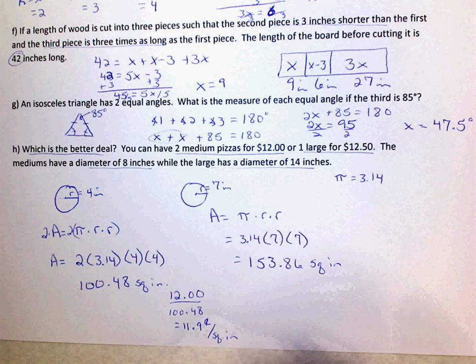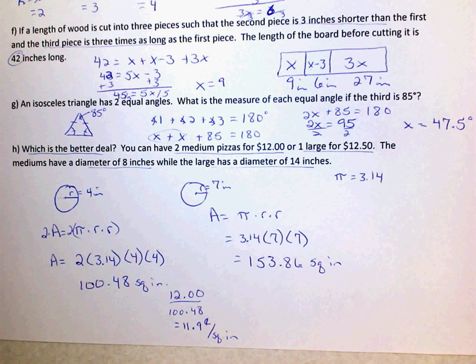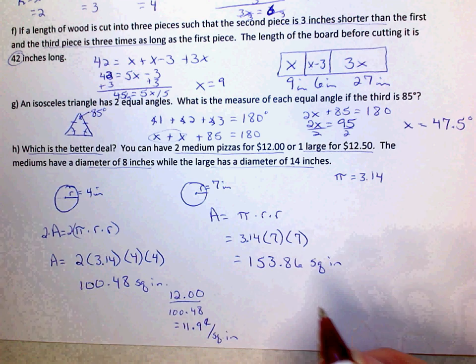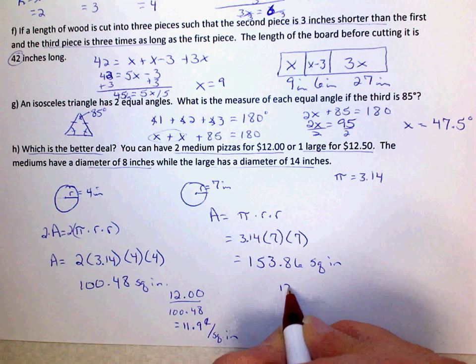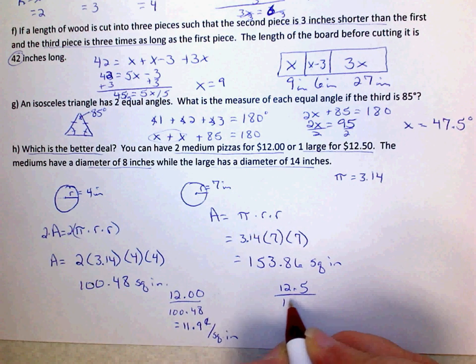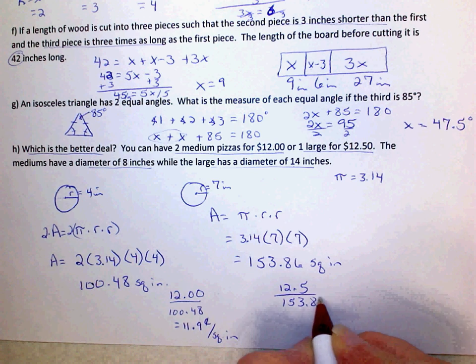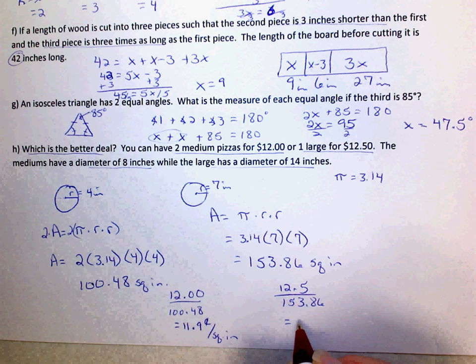And now we take 12.5 divided by 153.86. Oh my goodness. And we get about 8.1 cents per square inch.